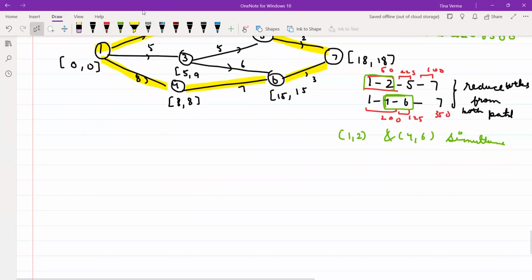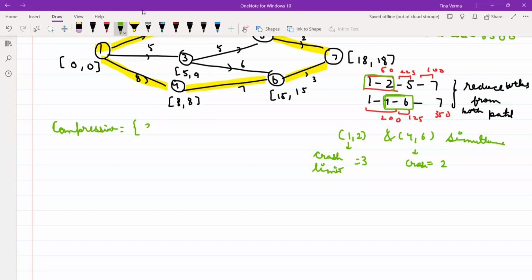For reducing an activity, you have to check the crash limit. For this activity, the crash limit was coming out to be 3, and for this, the crash limit was 2. Next, for finding the reducible number of weeks, we have to find the compression limit, that means your crash limits and your free float.